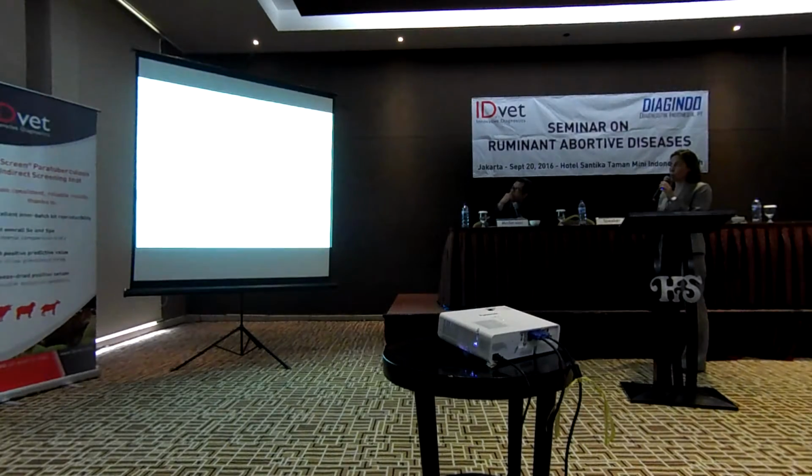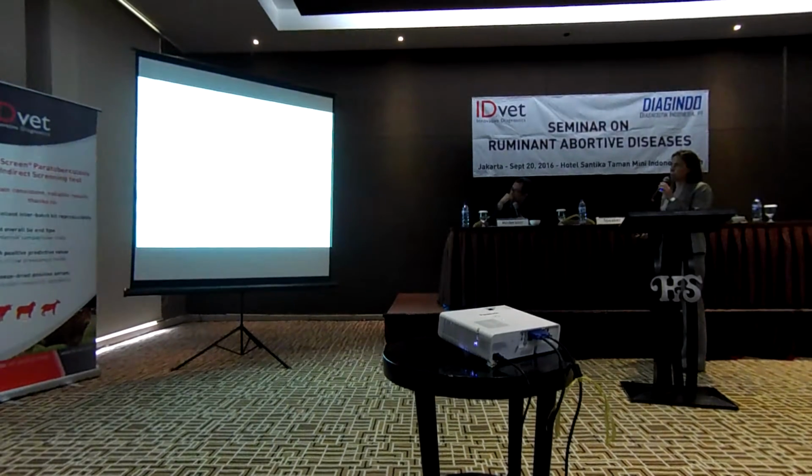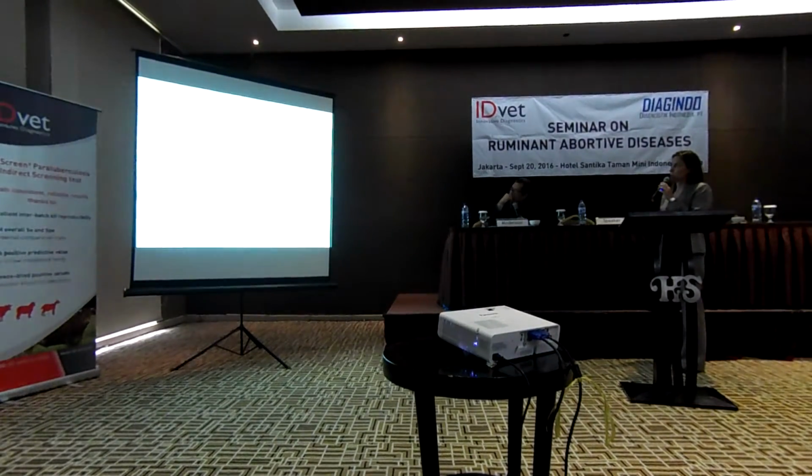Probably, if you have 3 abortions in 1 week, it's a good time to study the problem. So you do 3 PCRs. If you get 0 positives, it's unlikely to be chlamydia, of course. If you get 2 positives or 3 positives out of 3, it is a probable cause of the abortions.